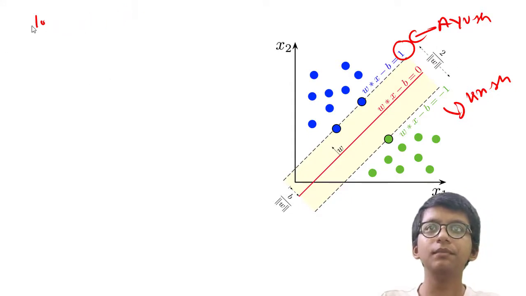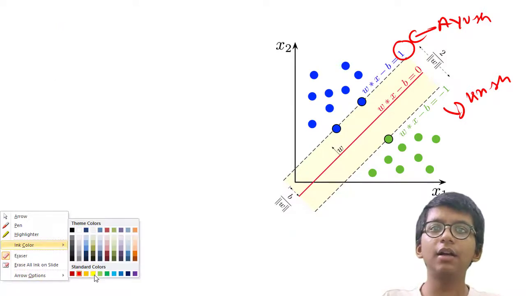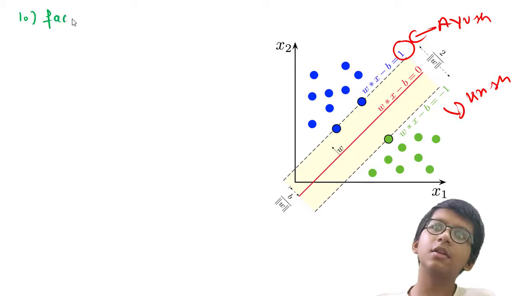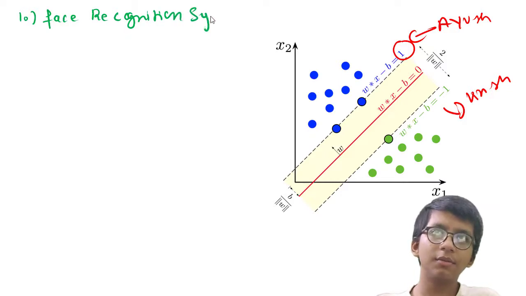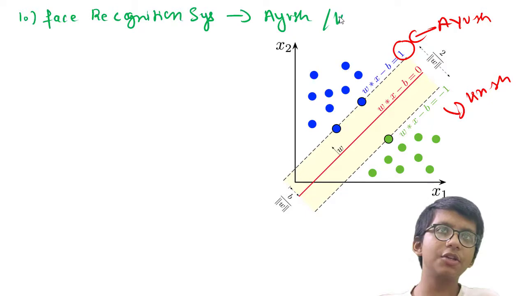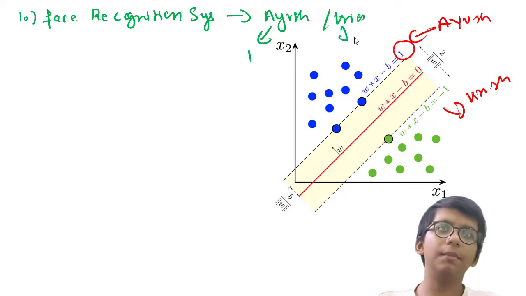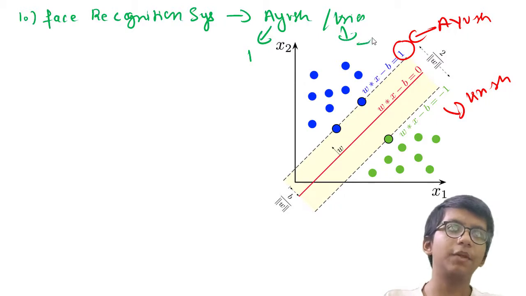We were building a face recognition system that classifies Ayush and Krish, and we have encoded Ayush as 1 and Krish as -1.